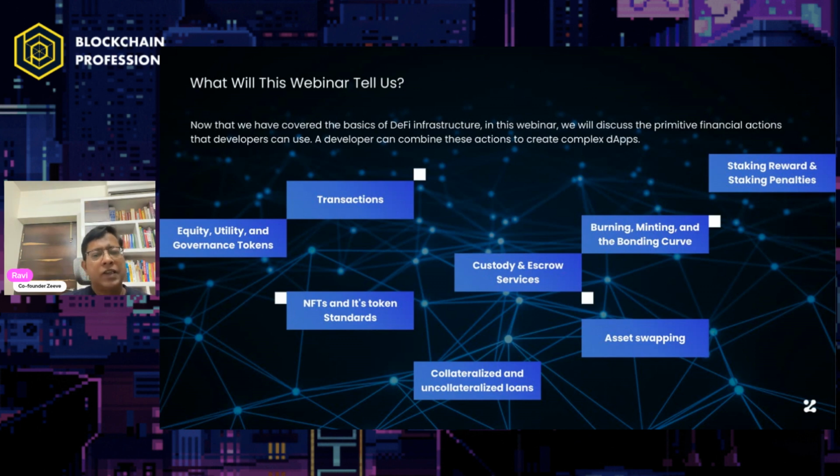We'll also talk about custody and escrow services, what kind of escrow contracts are there, and then a bit about collateralized and flash loans, and then the token supply mechanisms, like burning tokens, minting, or the bonding curve, and then token swaps, and then something about staking rewards and penalties.